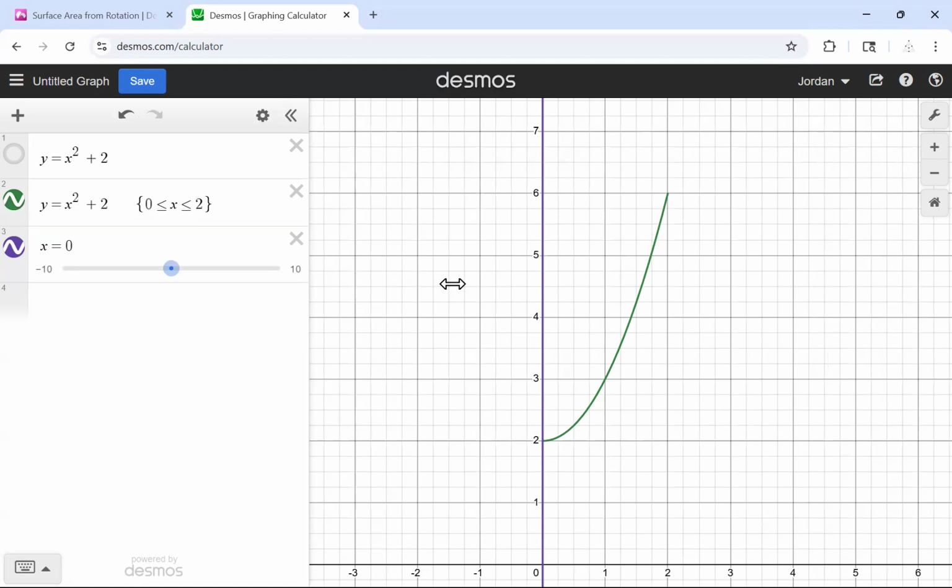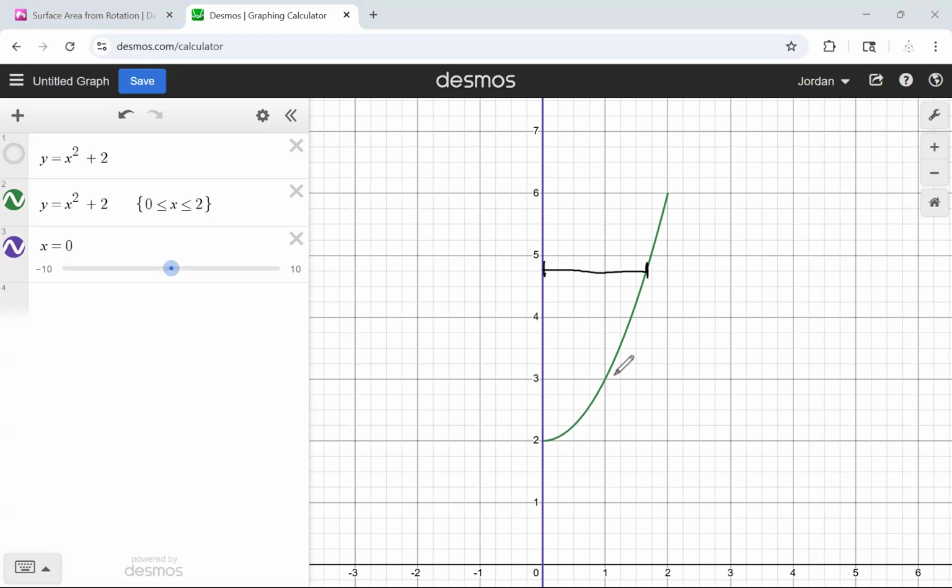In this case, what we can see is that the radius is going to go from the curve, which has positive x values, all the way down to x equals 0. So that's what the radius is doing, from the curve down to x equals 0.